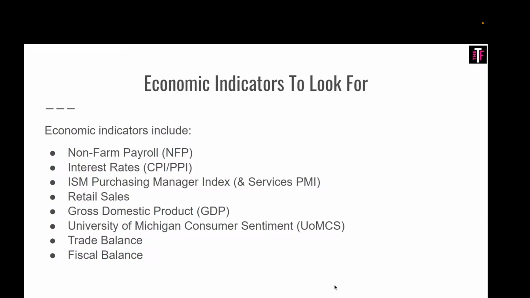As for fiscal balance, it's also known as the government budget balance, and it's basically calculated between the government's revenues, which are taxes and the proceeds from all the assets they sell, and its expenditures. If it's positive, the government has a surplus, which means it spends less than it receives.